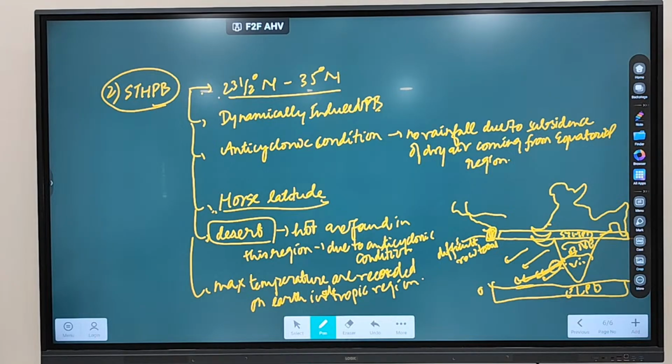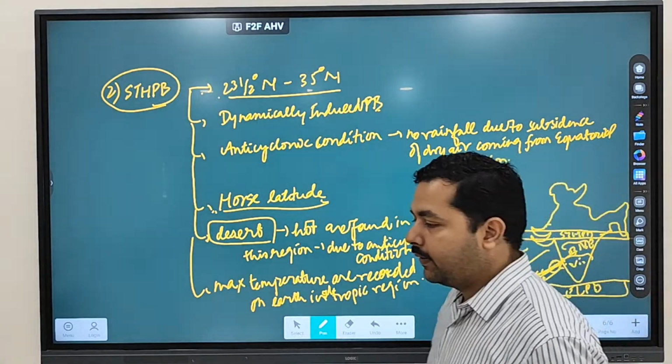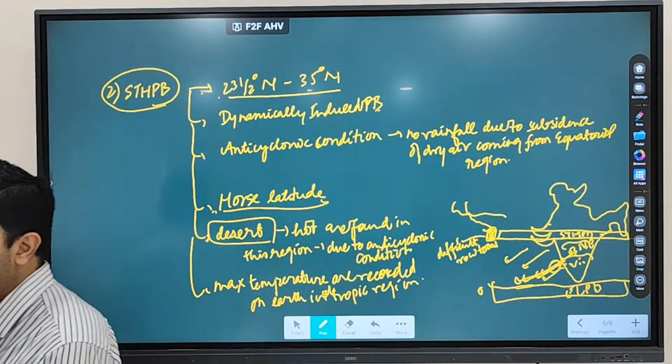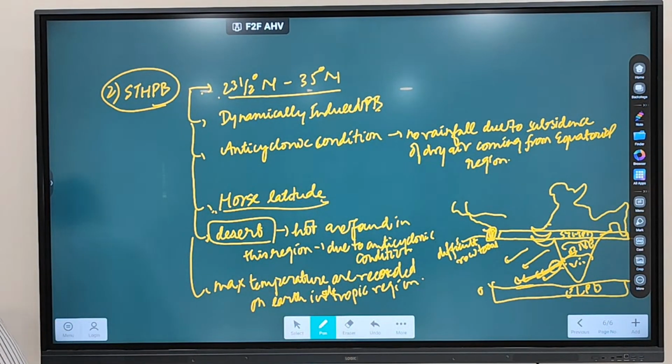Why is maximum temperature recorded in the subtropic region? Why not the equator region? Because the equator also receives a huge amount of sunlight. Cool oceanic currents. Okay.